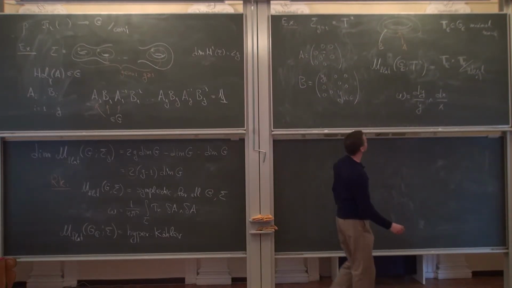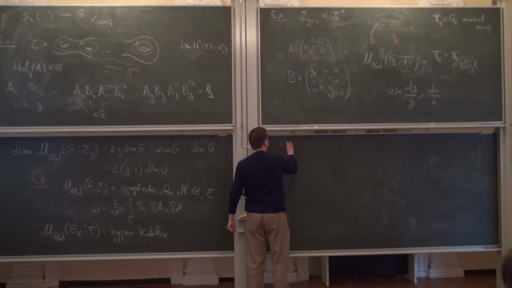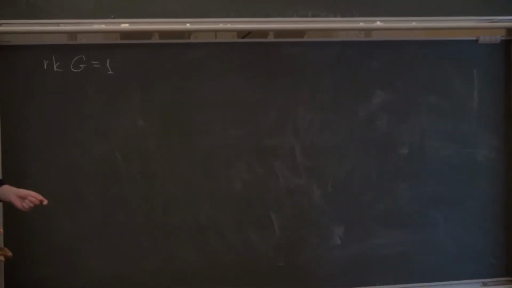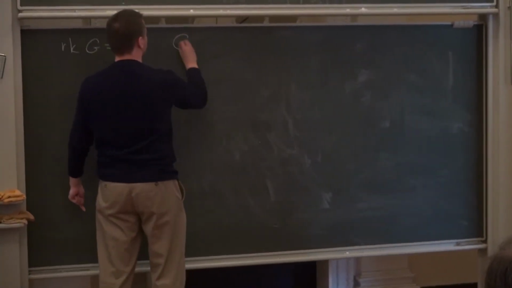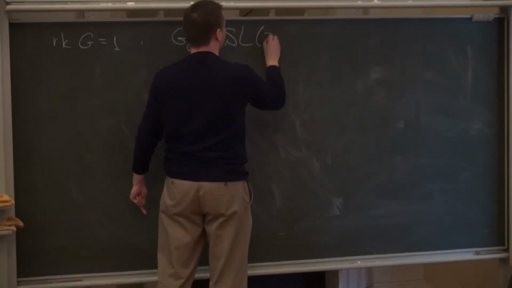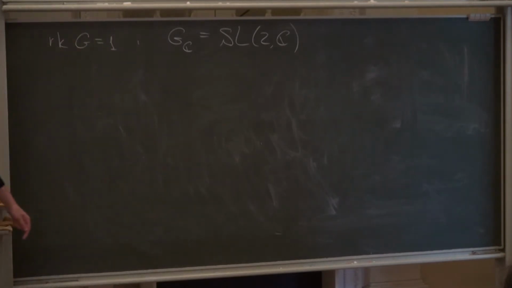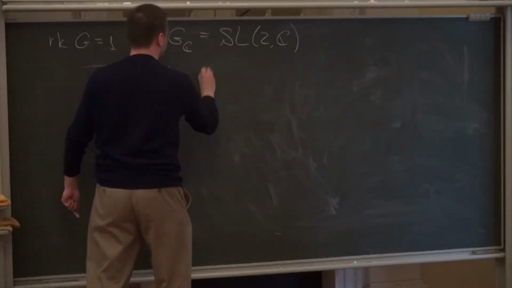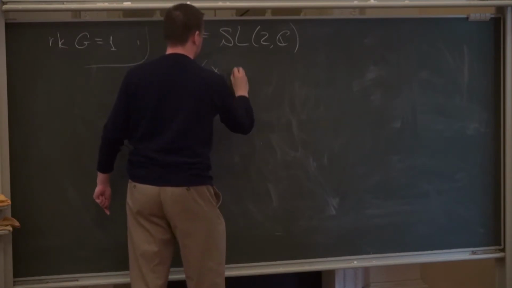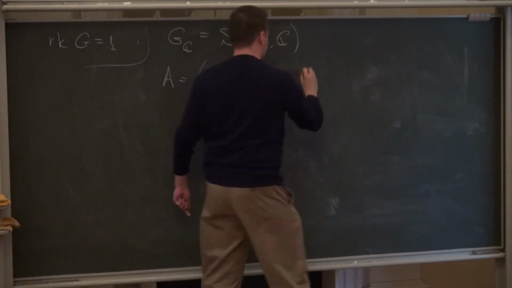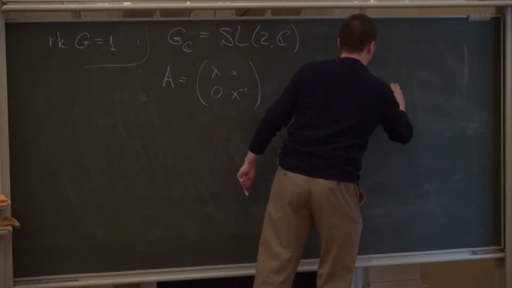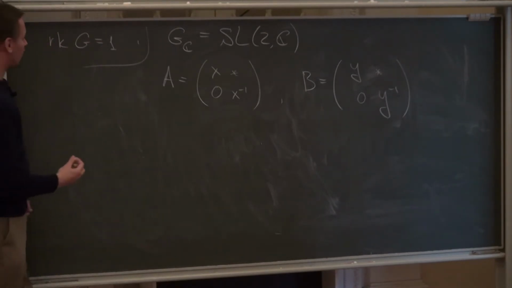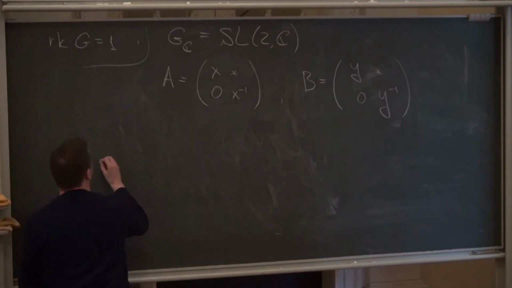So in fact, the simplest non-trivial case is when rank of G is equal to 1. So I don't want to be worried with these indices and matrix elements. Let's just consider the first non-trivial case. So then it's natural to choose this complex group to be SL2C, which is complexification of, say, SU2. So in that case, these elements A and B can be brought to the form x, 0 and x inverse, and B likewise can be brought to the form y, 0 and y inverse, and they parameterize our favorite space, which I'm going to write one more time.